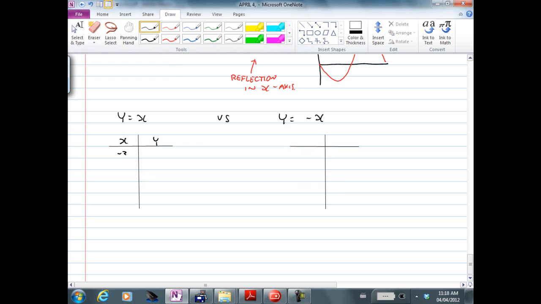Let's say I choose -3, -2, -1, 0, 1, 2. Again, I keep it simple. But the moment I have this negative sign, the y values become 3, 2, 1, 0, -1, -2.